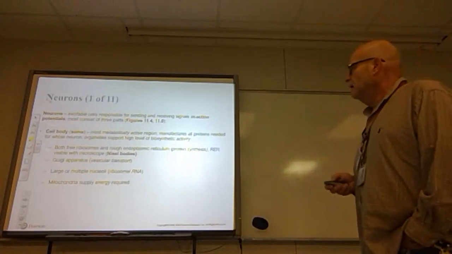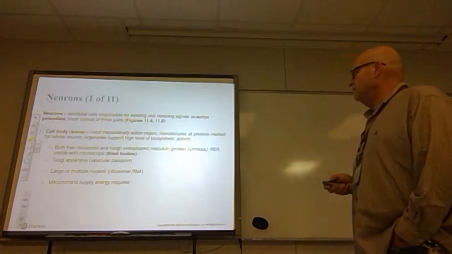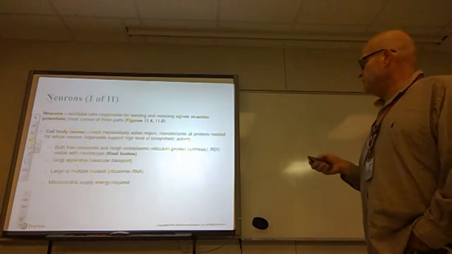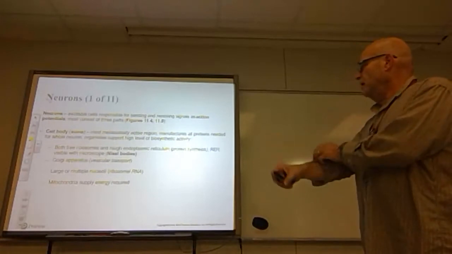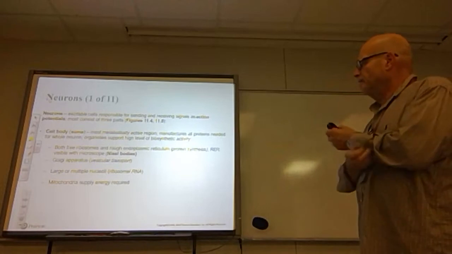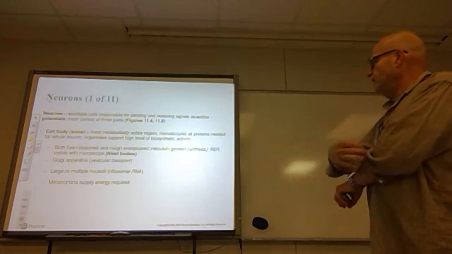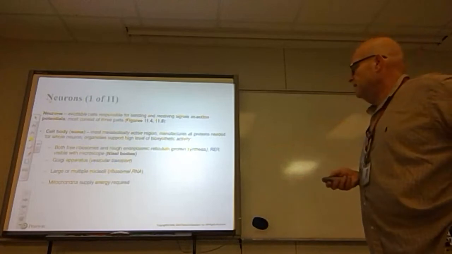You have a cell body, which is the most metabolically active region. This manufactures the proteins needed for the whole neuron. Organelles support a high level of biosynthetic activity, containing both ribosomes and a rough endoplasmic reticulum for protein synthesis.